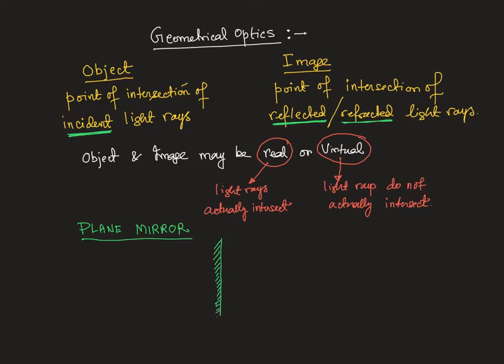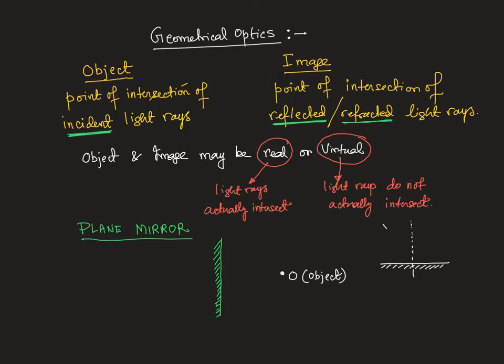I'll talk about point object first. Say this is an object, a point. Now, you know the laws of reflection of light. So I don't have to discuss it now. That was discussed before.